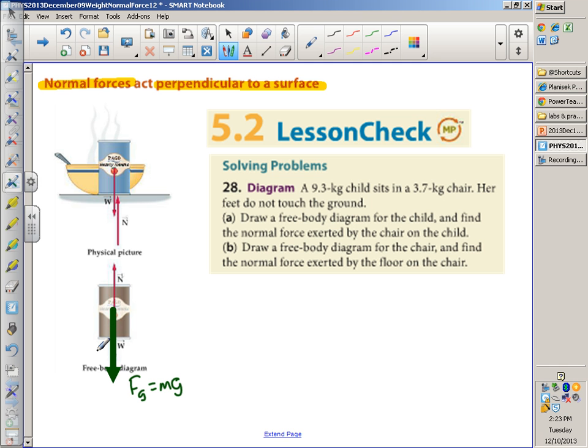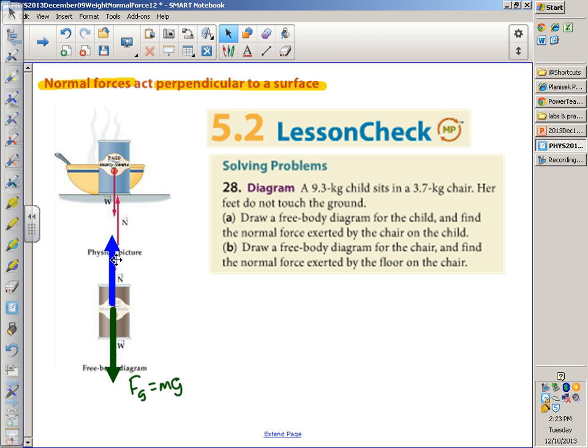How big does that force have to be? Equal to gravity, but which way does it have to act? In the upward direction, right? So if we're talking here, we would have another force that would be just as tall as gravity, but pointing in the other direction. In the case of the book sitting here on the counter, or in the case of that soup sitting on the counter, where does that upwards force come from?